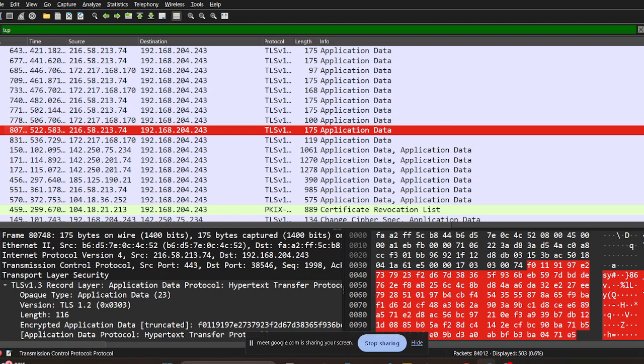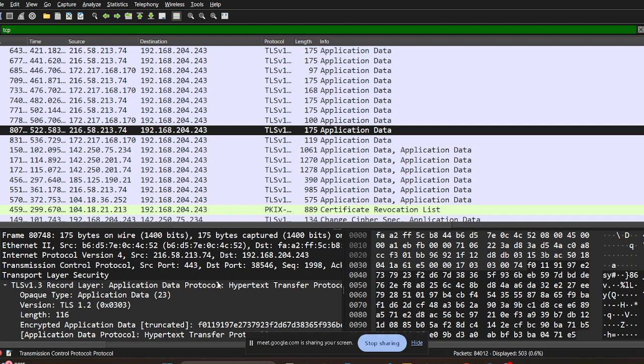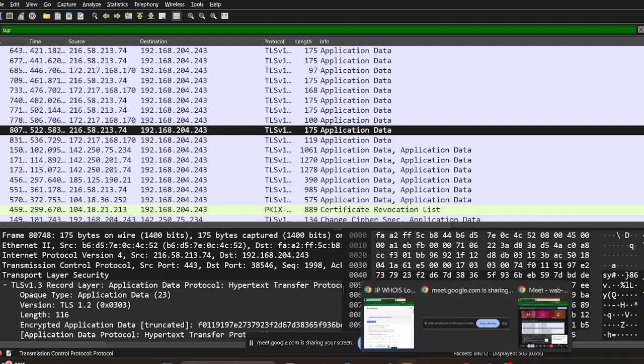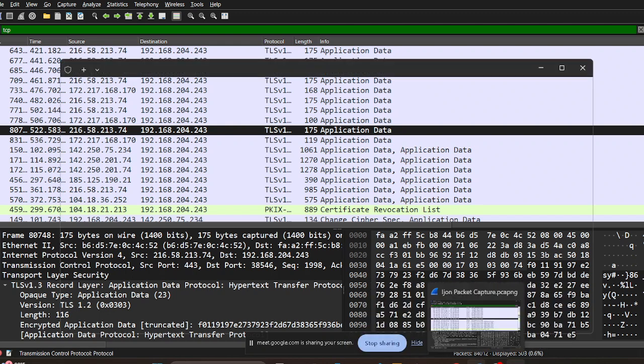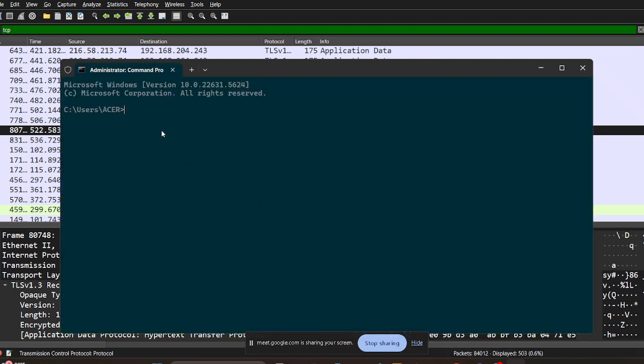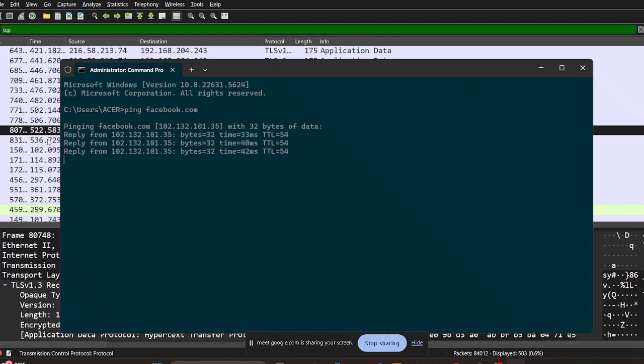So which one is Facebook? I think I need to do, let me do ping again. Ping Facebook. 102.